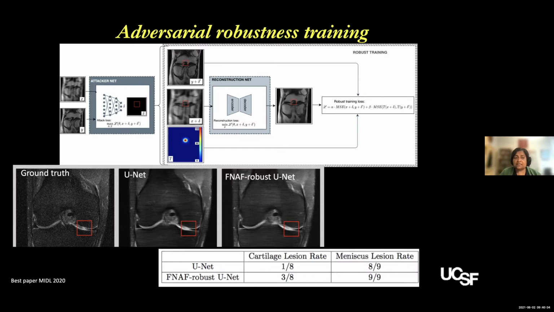What is done is a perturbation is provided during the training process. You know what the perturbation is, so you can actually decode it, and the model learns how to handle these perturbations. Using this particular method, the lesion detection rate increased in a set of studies where they found 3 out of the 8 cartilage lesions and 9 out of the 9 meniscal lesions, an improvement over a simple U-Net reconstruction.